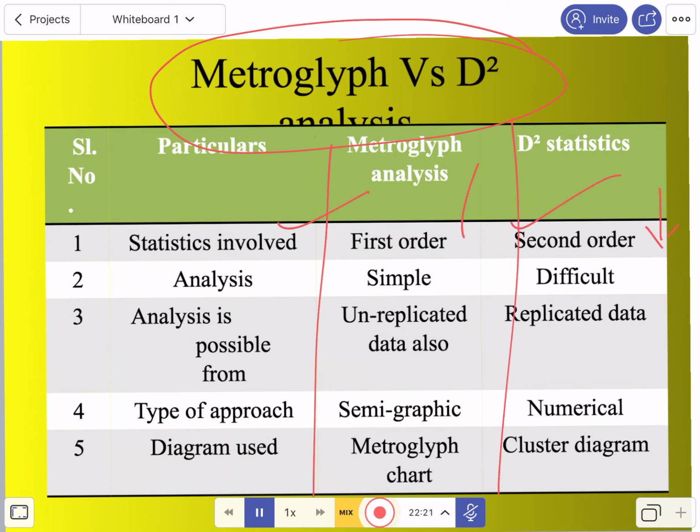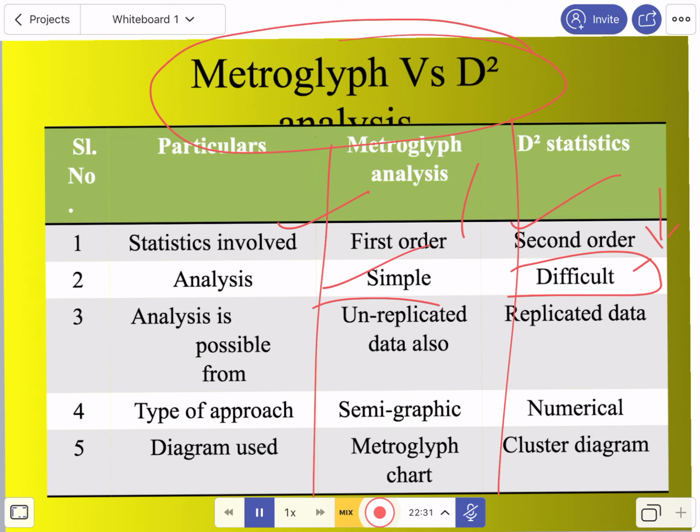The analysis is simple in Metroglyph, while in d-square it is quite difficult because variances and covariances are involved. Metroglyph analysis is possible from replicated and unreplicated data, while d-square is possible from replicated data only. Metroglyph is a semi-graphic method, while d-square is a numerical approach.